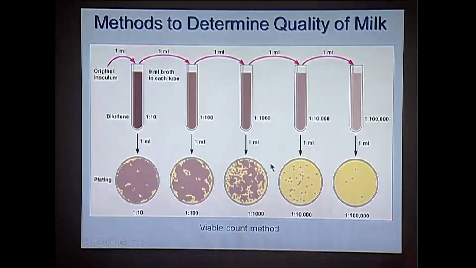From the different serial dilutions, 1 ml of the sample is taken and plated on a culture medium. Following incubation at 37 degrees centigrade, colony forming units, CFU, are formed on the plate and then the count is made, which indicates the total microbial load of the milk sample.